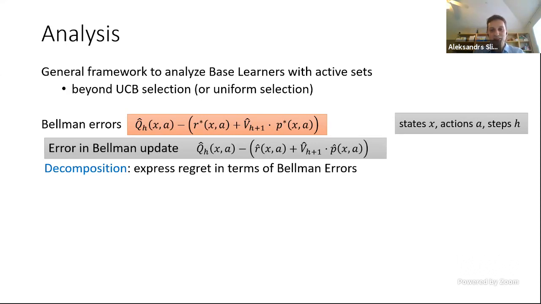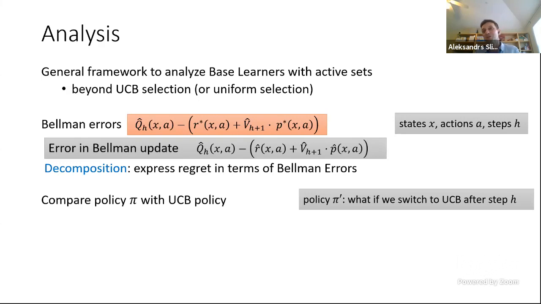So the key issue is that we only really know how to bound regret for UCB policies, because UCB policies give us sufficient exploration. So somehow we need to compare whatever we do to whatever a UCB policy does.